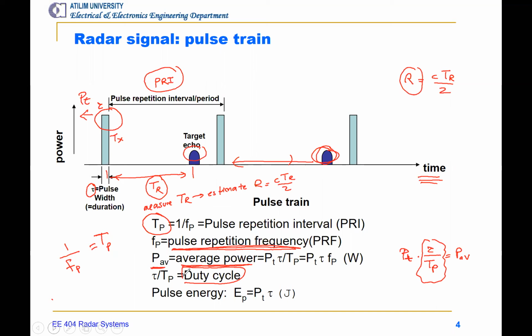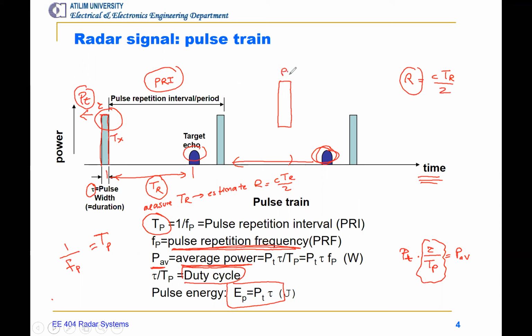Duty cycle. We can also write pulse energy from the energy formula, the pulse power times pulse duration. Okay? So in this case, since this is rectangular shaped, the energy of this pulse will be the area. If it is given in power, and this is PT, the peak power, just take a rectangle like this.